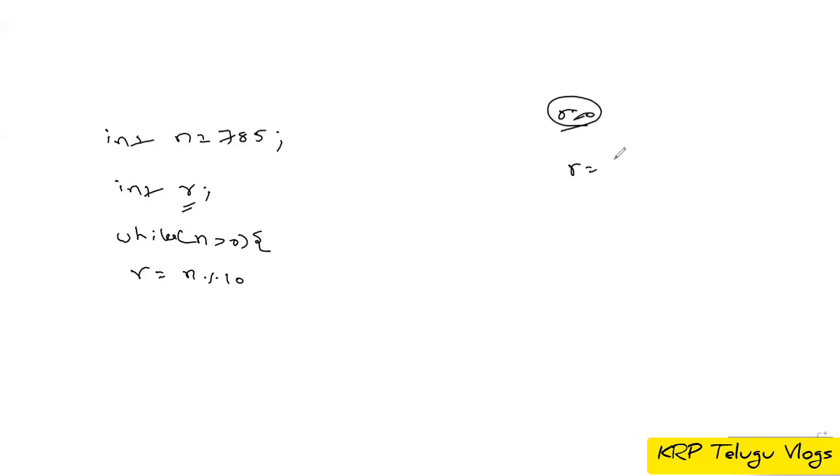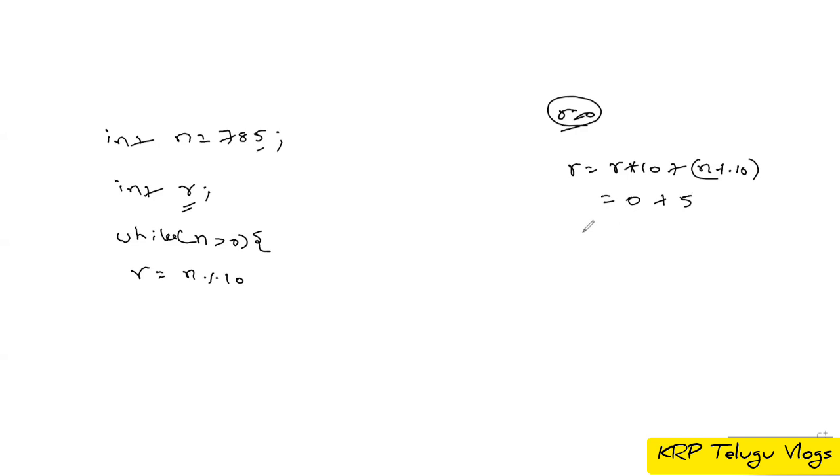Yes sir. So you put r value 0. So now you put r into 10 plus n modulus of 10. So now what will happen? R into 10 is what? 0 plus n mod 10 is what? Not 78, n modulus of 10. Oh, 5.